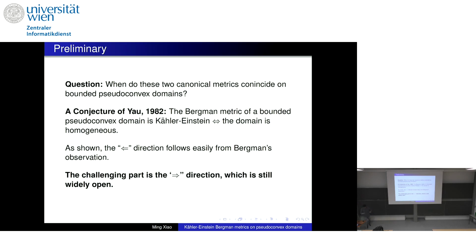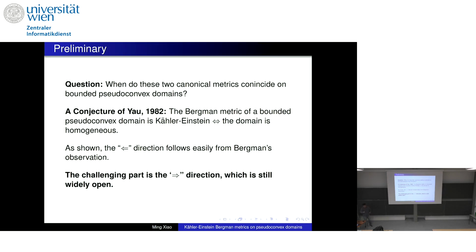Are homogeneous domains the only ones? Are there any other domains where these two canonical metrics coincide? That leads to a conjecture of Yau in the early 80s. Yau conjectures that's the only case. Yau conjectures that the Bergman metric of a bounded pseudoconvex domain is Kähler-Einstein if and only if the domain is homogeneous.